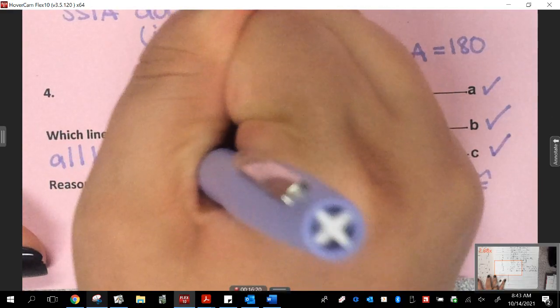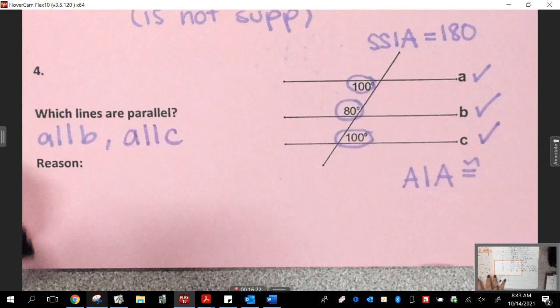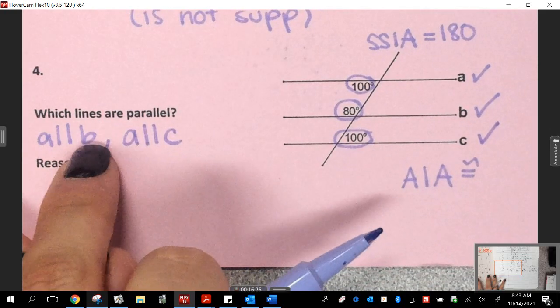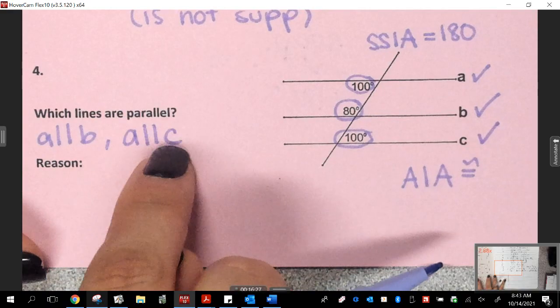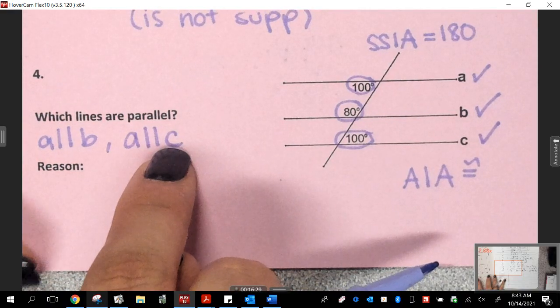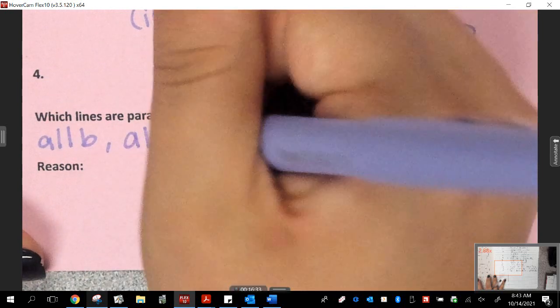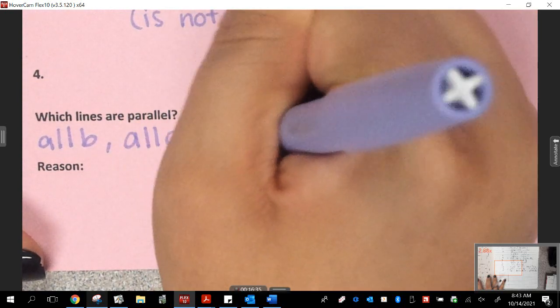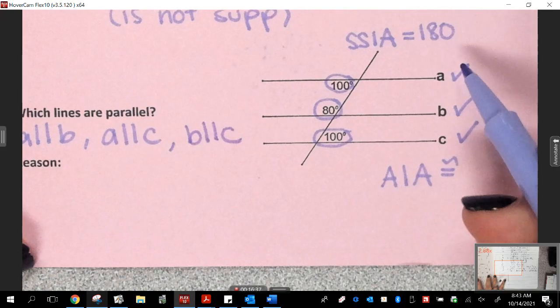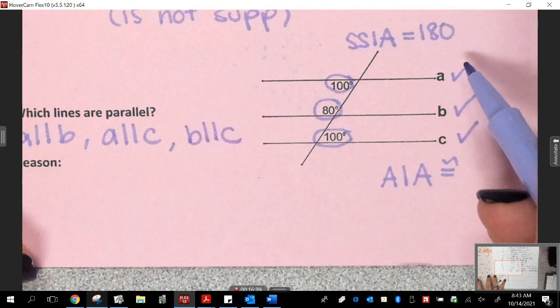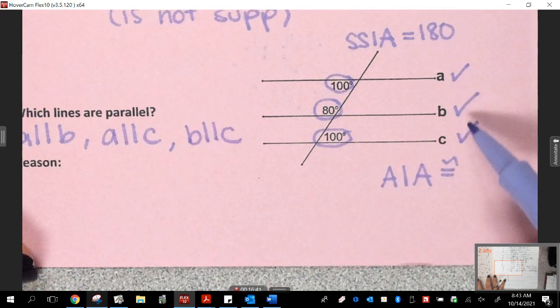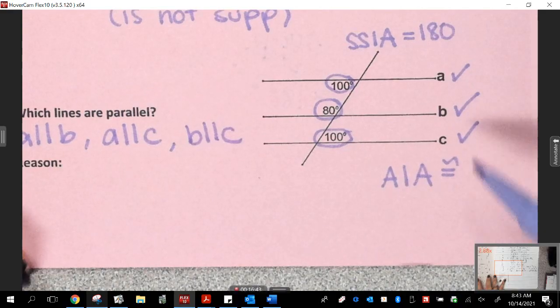So A is parallel to C. Listen, if A is parallel to C and A is parallel to B, what else? B is parallel to C. So if A is check marked with B and A is check marked with C, then these two are also check marked.